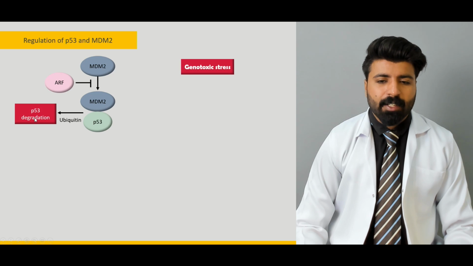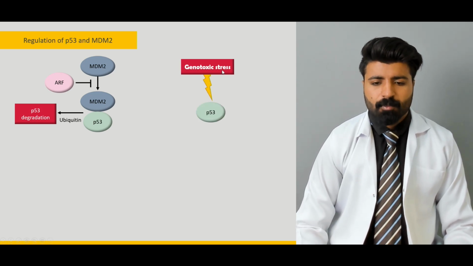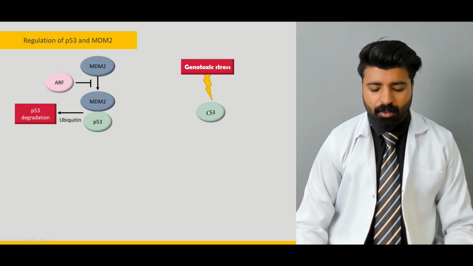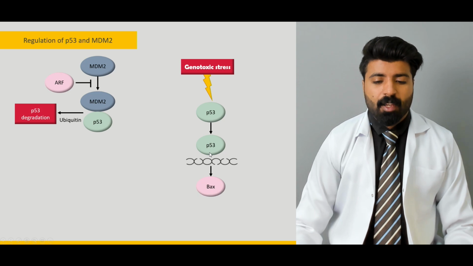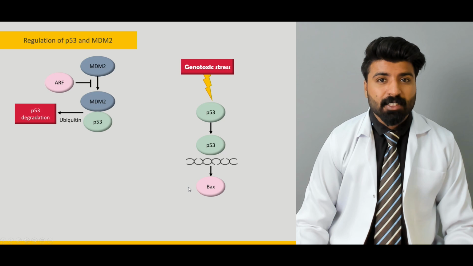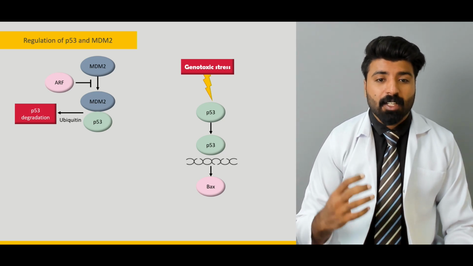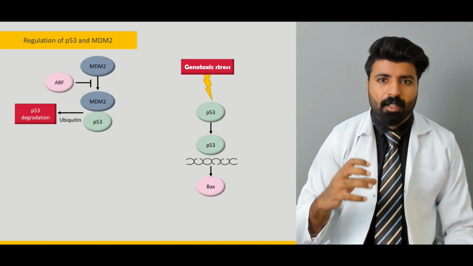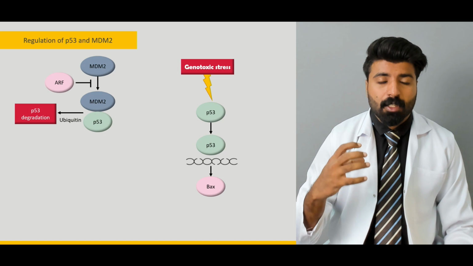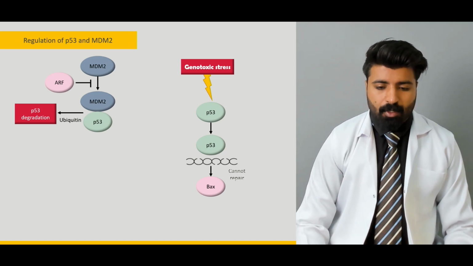P53 is degraded. Now what happens if there is genotoxic stress? It affects P53. P53 will go into disintegration. It will activate BAX genes. We talked about BAX genes. These are apoptotic genes. We talked about BAX being apoptotic in nature. They're going to kill the cell. They're going to cause a cell to go through suicide or kill itself.